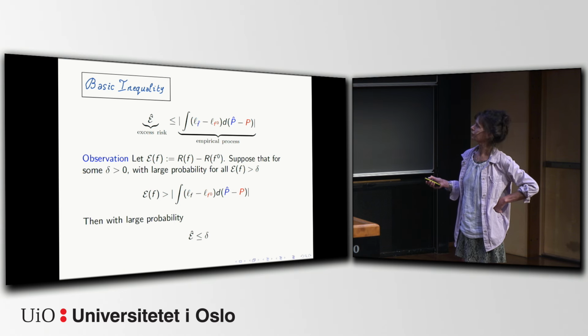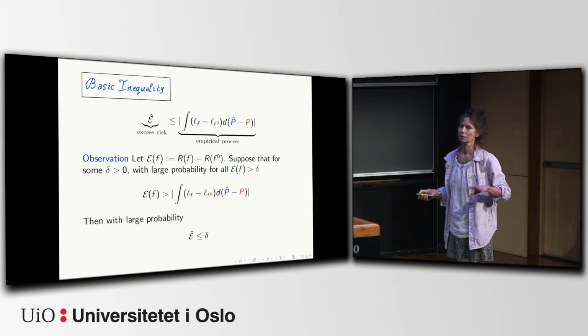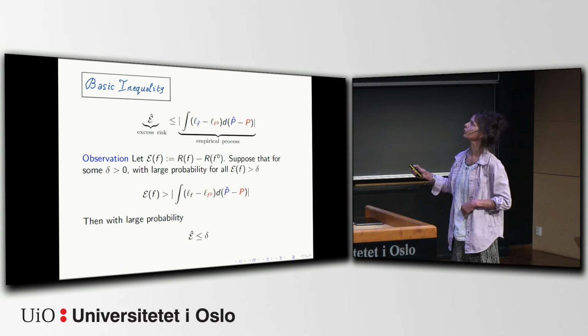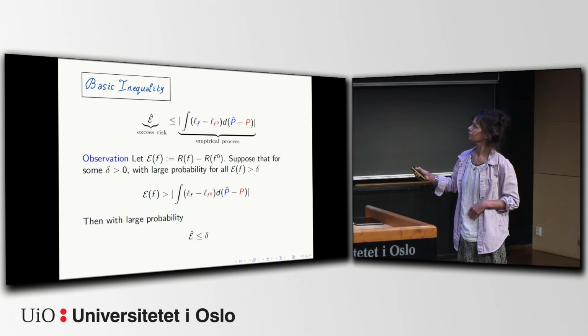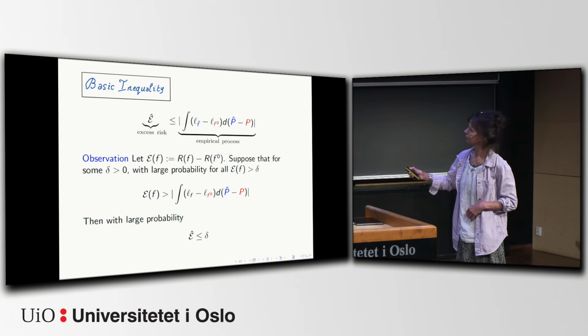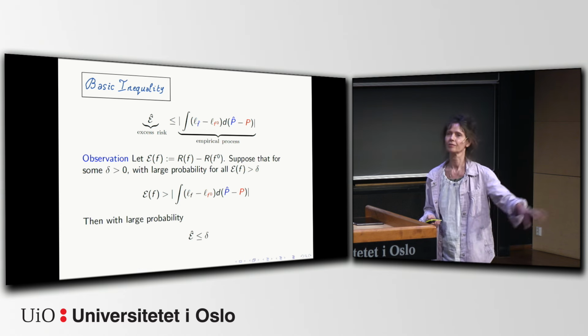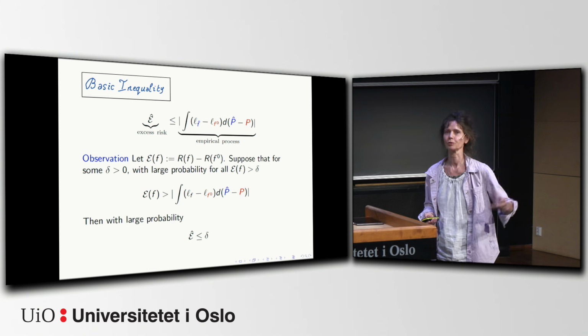Okay? So you need some kind of for-all thing here, or you don't need it, but it's helpful. So it means you want it, in fact, to be uniform, because this probability should be true for all f with large excess risk. So you need some uniform results.